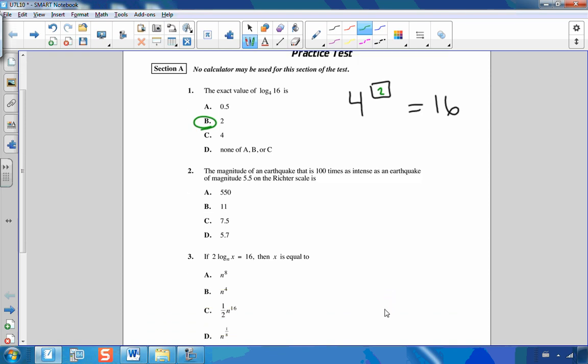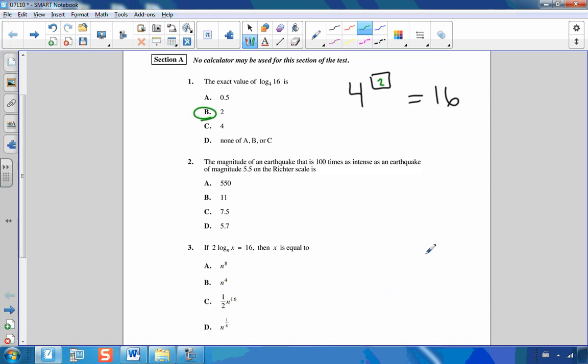Okay, an earthquake is 100 times as intense as an earthquake with a magnitude of 5.5 on the Richter scale. So we want to figure out what the magnitude of the other one is. We're trying to find the one that's more intense.